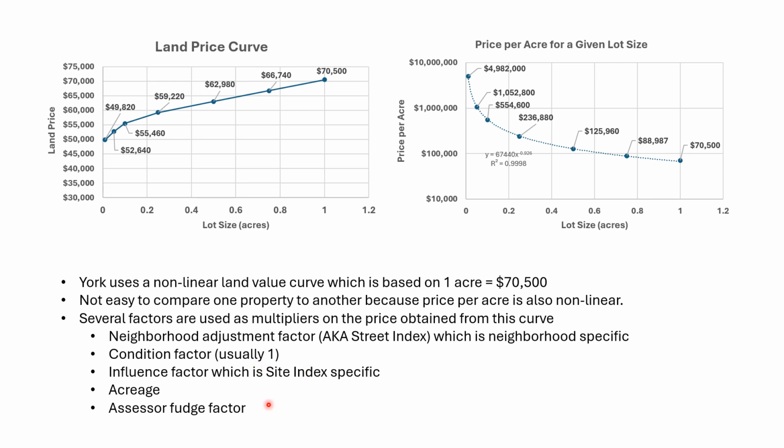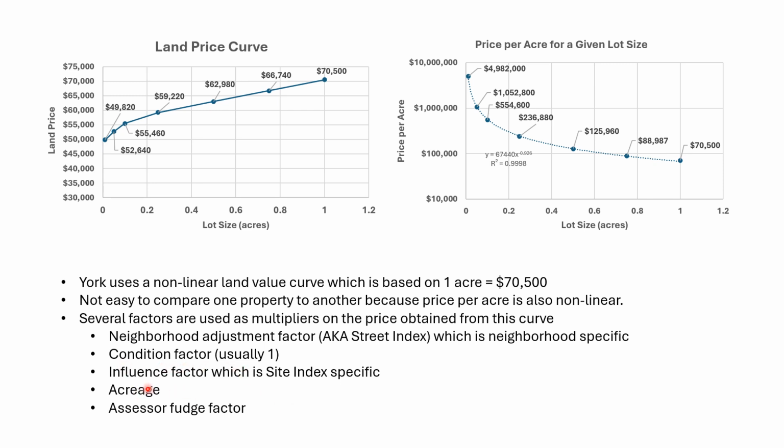There are several factors that were mentioned on the previous slide, and they're used as multipliers from the price obtained on the curve. So you start with the curve and then you start applying these factors. The factors are as follows: a neighborhood adjustment factor, which they call the street index on the other slide, which is specific to the neighborhood, so every neighborhood has its own adjustment factor. There's a condition factor, which I'm not exactly sure how this is done, but it's usually a 1.